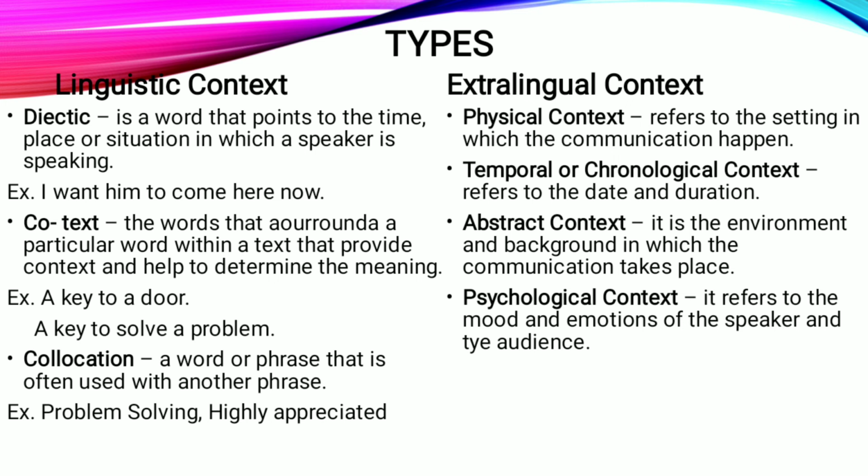What you and your audience feel will have a significant impact on the communication. So those are the types of linguistic and extralingual context. For linguistic, we have deictic, context, and collocation. For the extralingual, we have four types: the physical, the temporal or chronological, the abstract, and the psychological context.